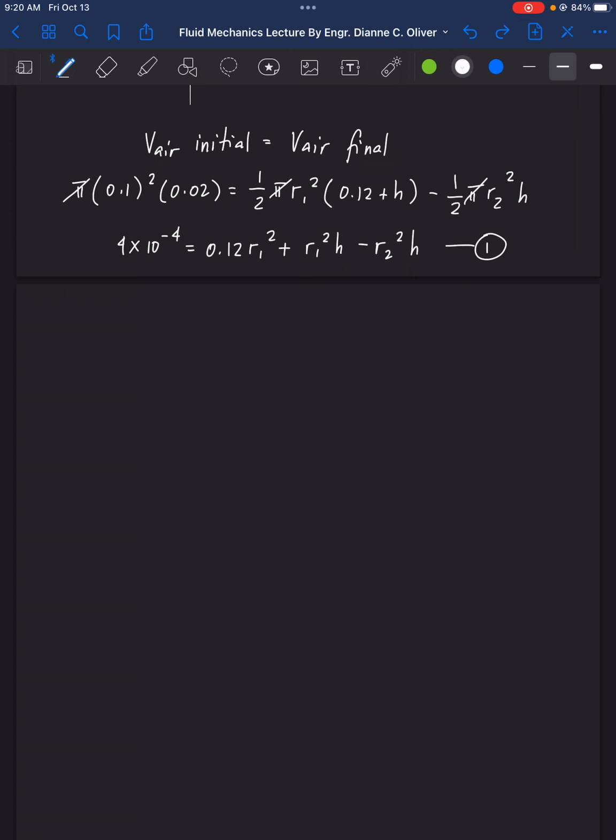So let's use the squared property of parabola so that we can reduce the unknowns.